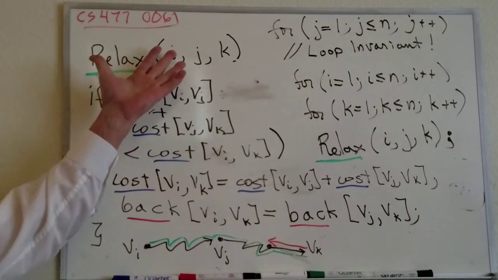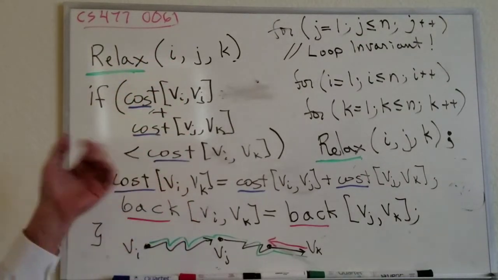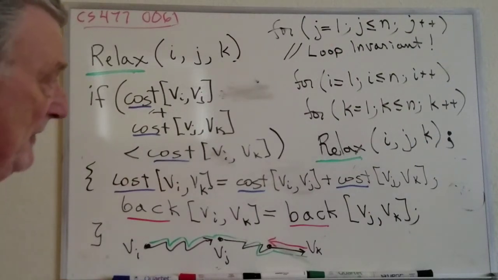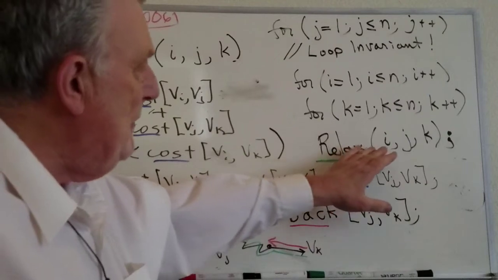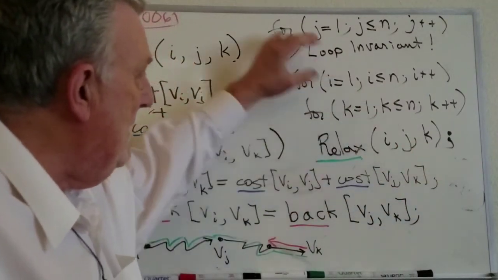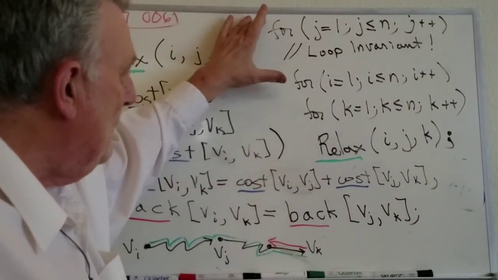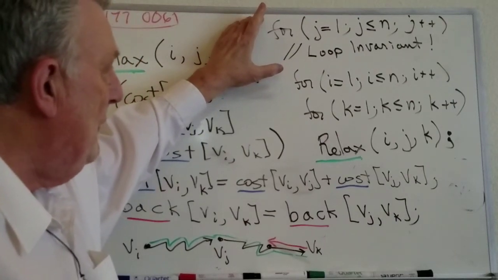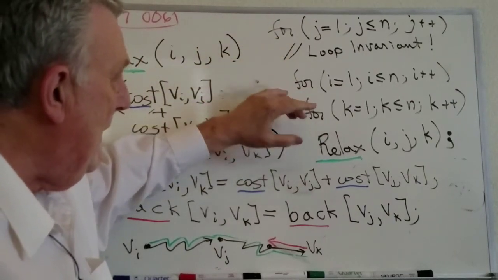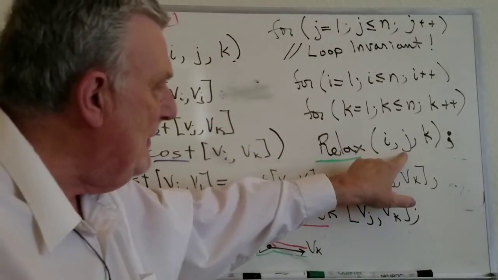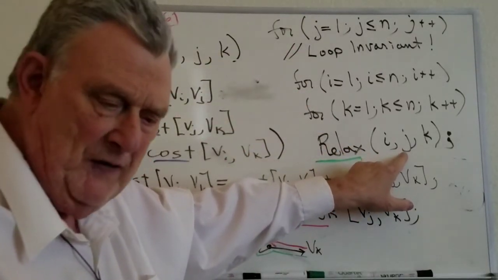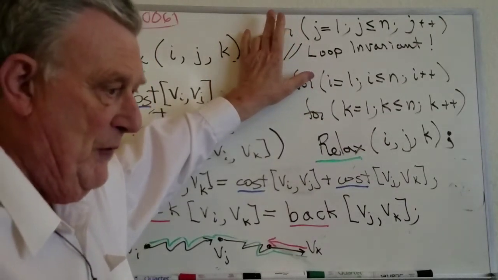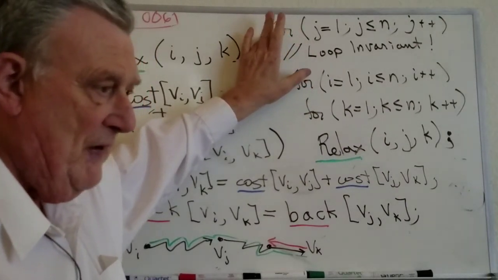So this procedure we'll call relax, and I want to point out something important. I'm doing relax ijk, and I have to have a triple loop. It's n cubed in length. I loop through all j, all i, and all k, but j is the middle index, the middle number, and yet I put that as the outer loop. That's necessary.